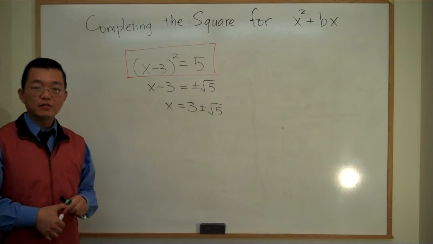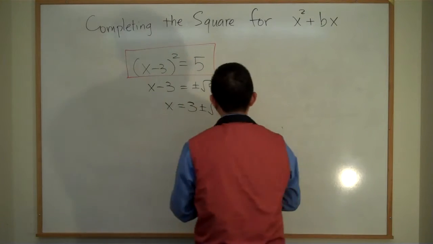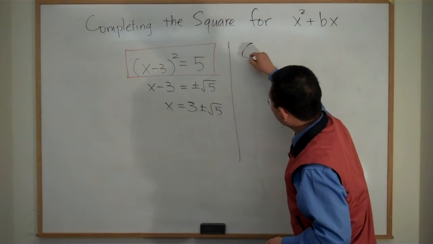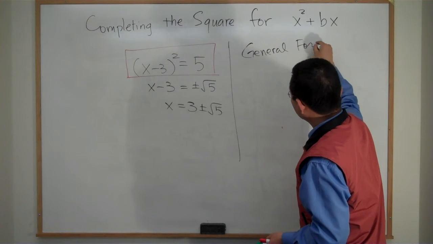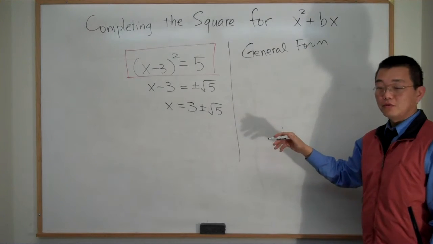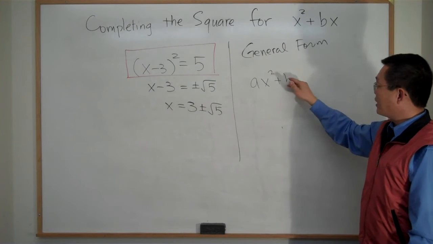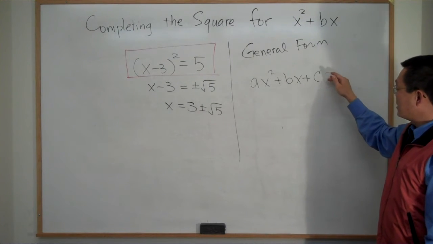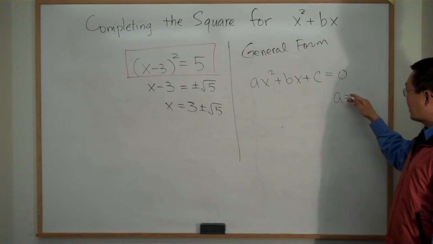Now if we're trying to solve a quadratic equation, in general, the general form of quadratic equation is ax squared plus bx plus c equals 0. A cannot be 0, by the way.